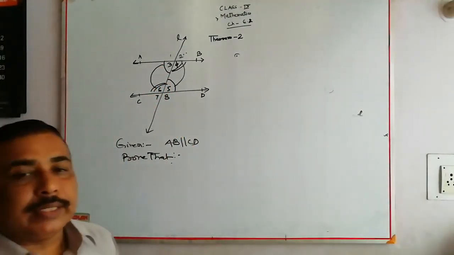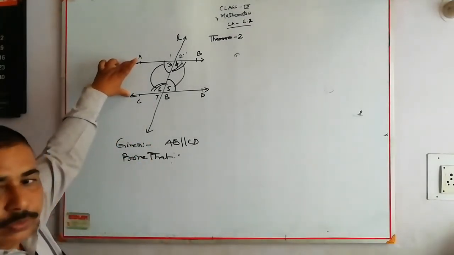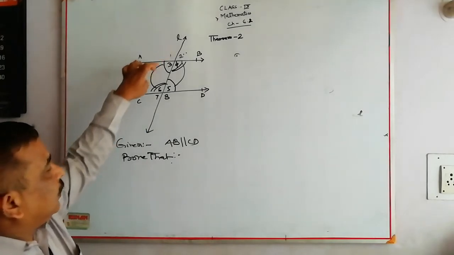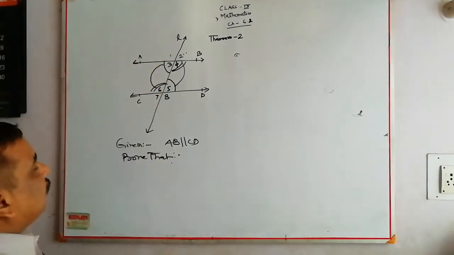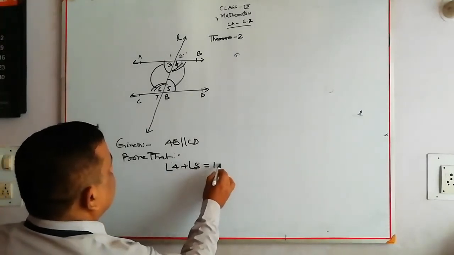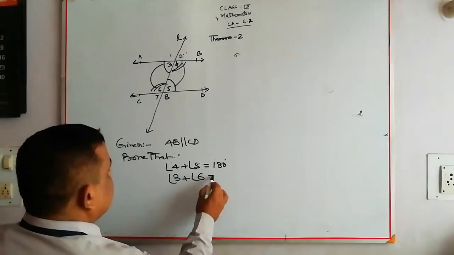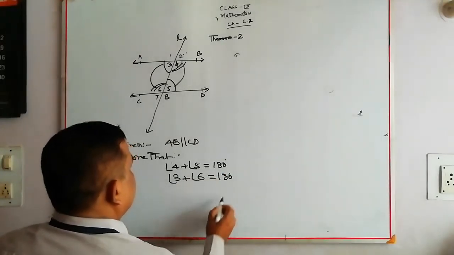That is called co-interior angles. How can you prove it? Similarly, AB and CD are two parallel lines, L is the transversal line. Then you prove that angle 4 plus angle 5 is equal to 180 degrees, angle 3 plus angle 6 is equal to 180 degrees.